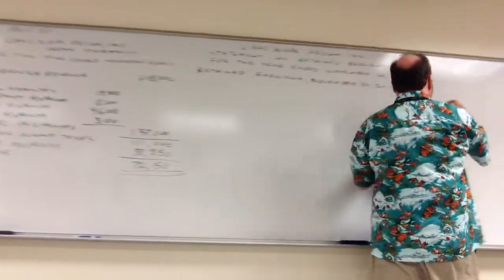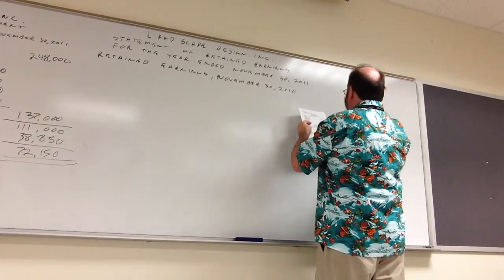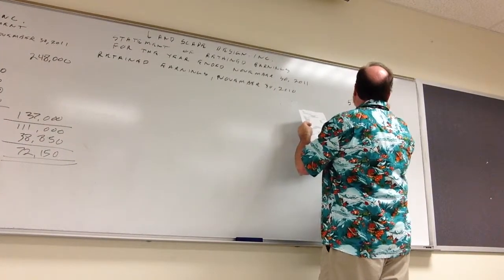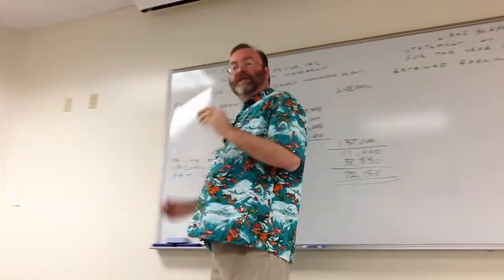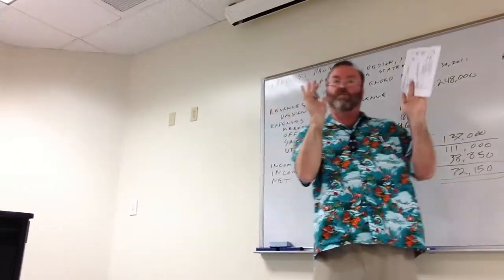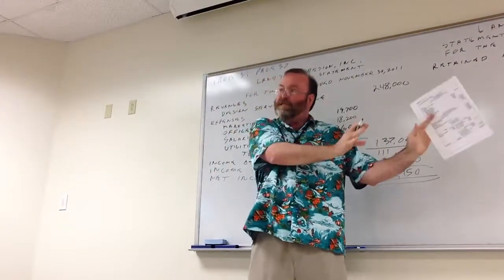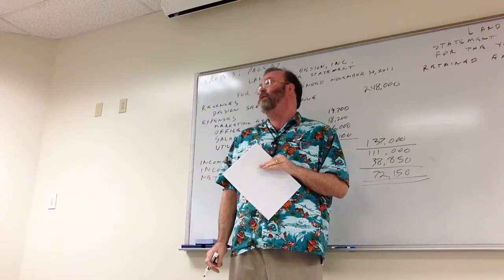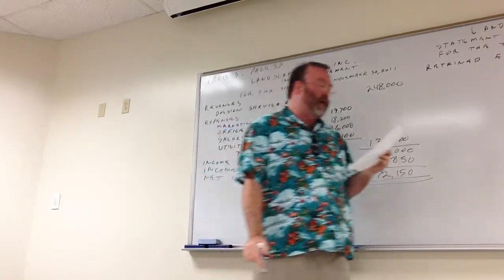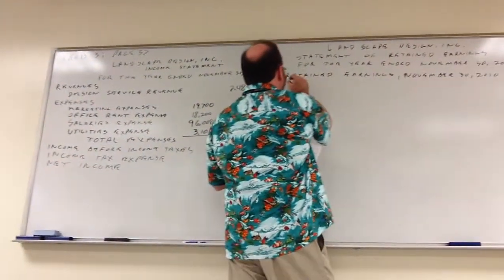On that second column there on the far right, it says retained earnings November 30, 2010. So this is beginning retained earnings, and that's $55,400. All right? So for this statement, we're going to start with what retained earnings were left in the business, not distributed out to the shareholders, as of the end of last year. And we're going to add net income for the year.